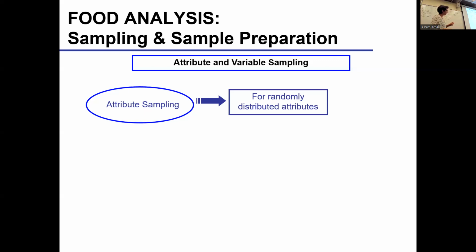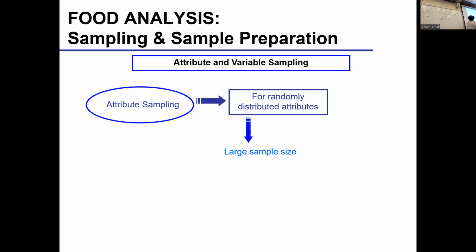When something you're looking for can be present unpredictably across your samples, your sample size will be really large, especially if it deals with safety and consumer risk. You don't want Clostridium botulinum, you don't want aflatoxin, you don't want any chemical of concern that will potentially cause the consumer to get sick or die.